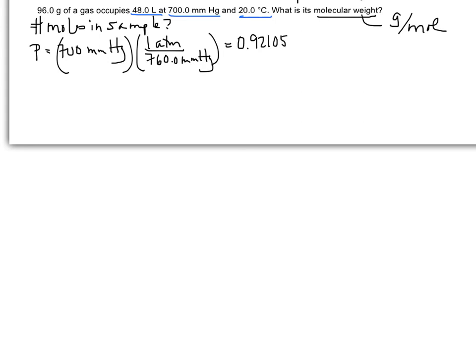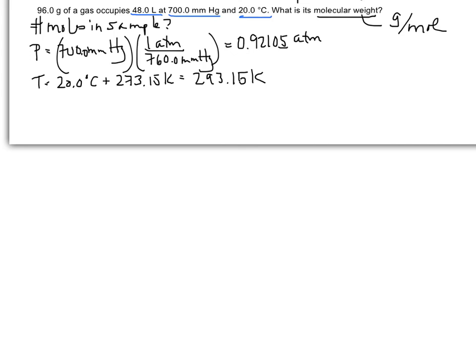Oh, and this was 700.0, so let's keep 4 sig figs. Atmospheres. That's our pressure. I know that my temperature is 20 degrees Celsius. If I'm going to convert that to Kelvin, I'm going to add 273.15. So that's 293.15 Kelvin.